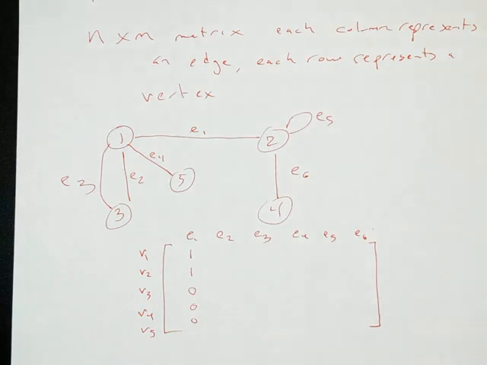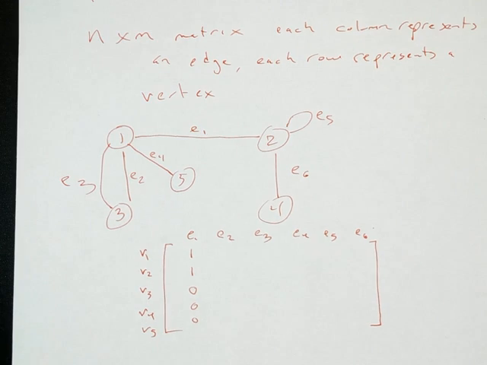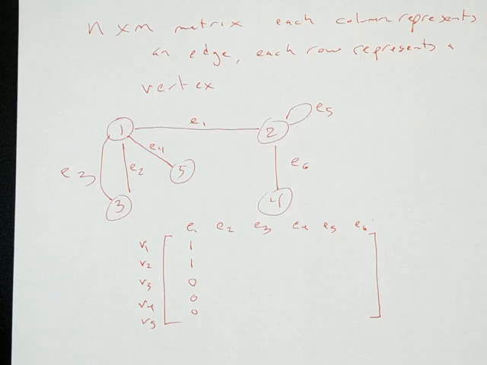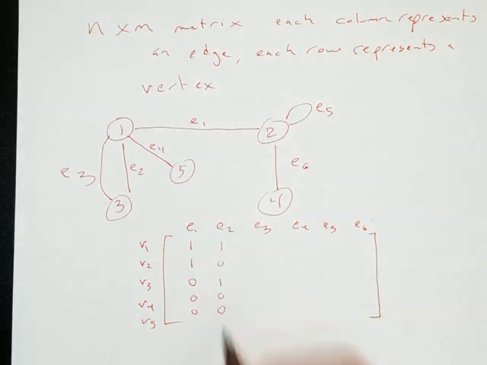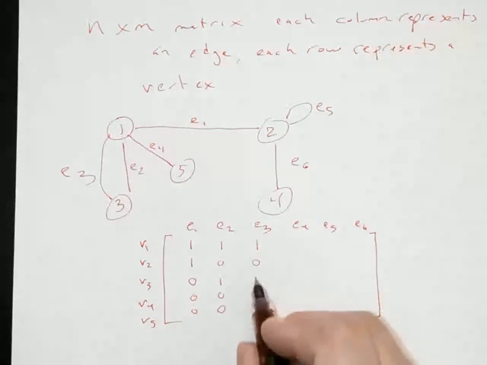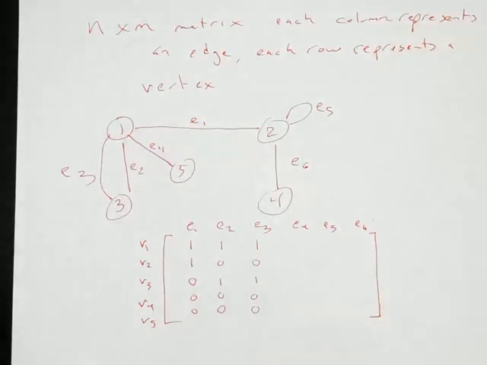I got all sorts of stuff going on here. Edge 4 goes from 1 to 5. Edge 5 goes from 2 to 2. And edge 6 from 2 to 4.